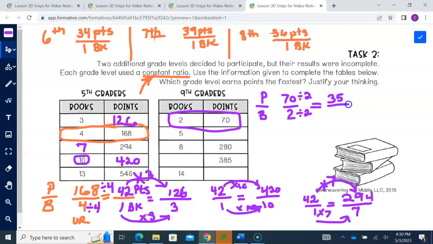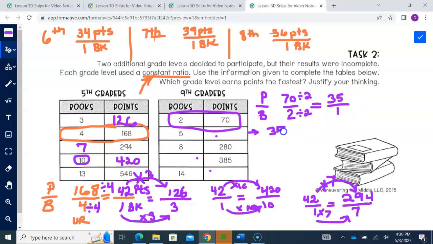We find it's 35 points for each book. So here's the ratio that I'm going to use now to fill in the blanks for this one, and this one. So I have 35 to 1, and I'm working on this one right here.